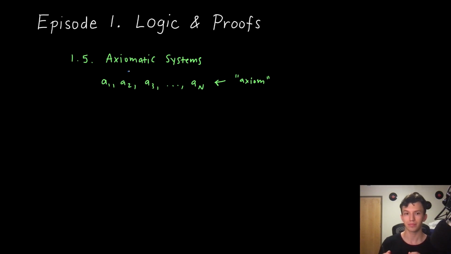So basically, you start with these axioms, and what a proof is, is you're saying, assuming the axiomatic system is true, assuming all these propositions are true, then you prove some proposition. So if this axiomatic system is valid, then this result is valid as well. That's what a proof is. 1.6 proofs.